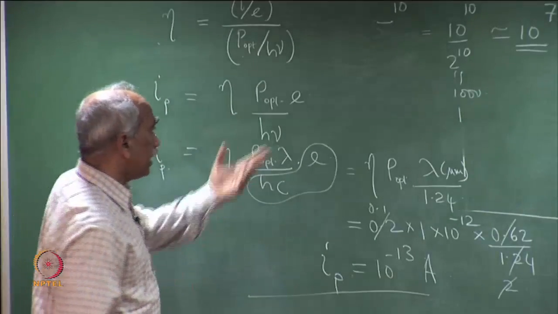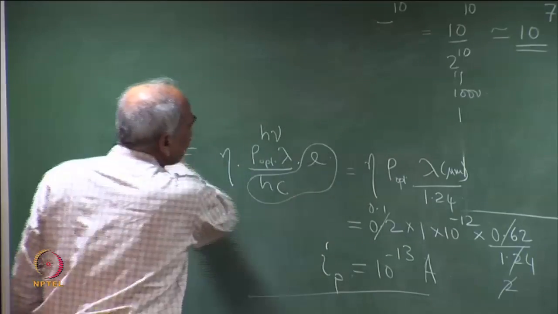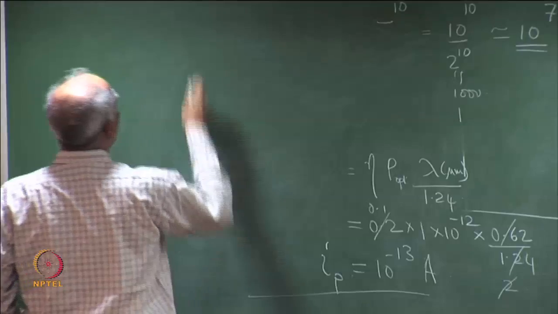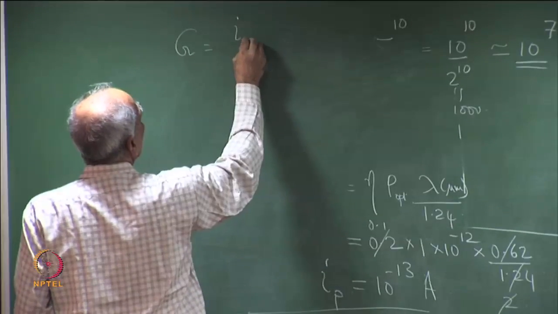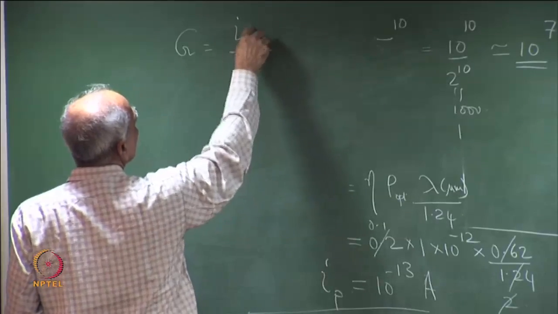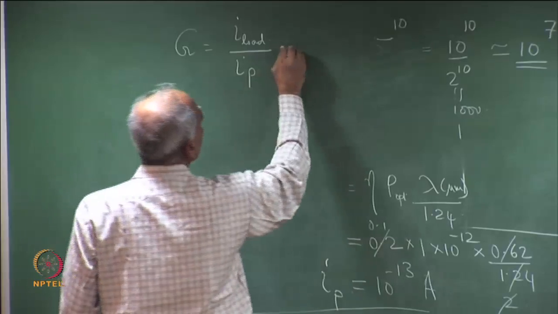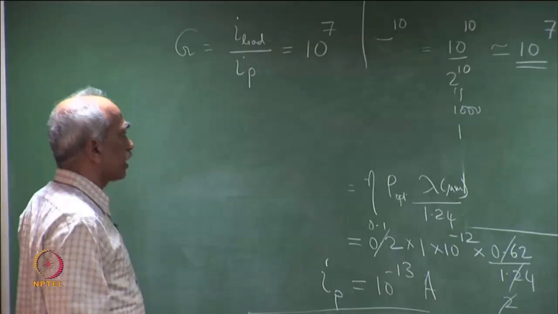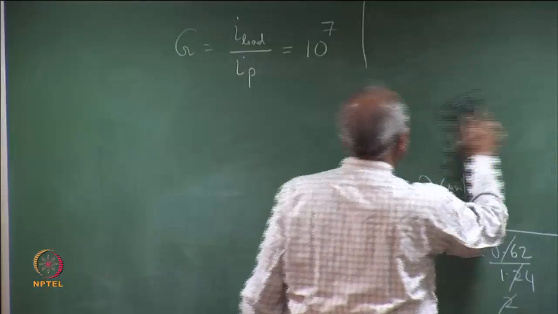However, the current which comes out at the output, we have a gain of 10 to the power of 7. So, gain is equal to I load, the output current at the load resistance, divided by I primary, and this is equal to 10 to the power of 7, the number which we have calculated here.